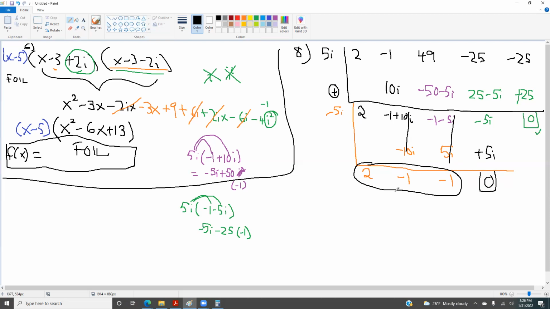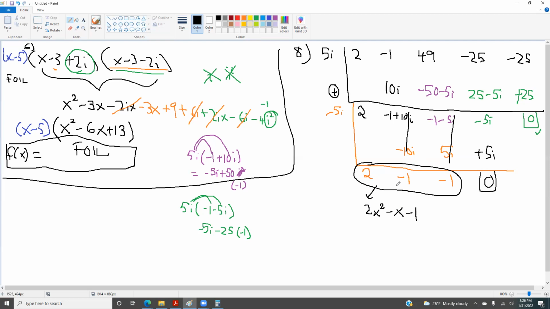That means it doesn't have any i. If you have any i left over here, check again with the first synthetic division, means you did something wrong. So these are all the hints I always tell my students. If you have any i, stop, check.